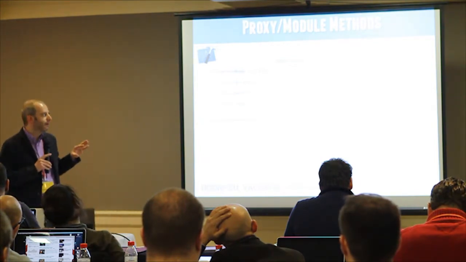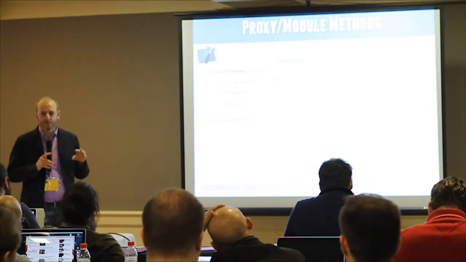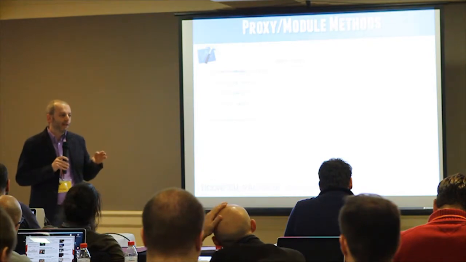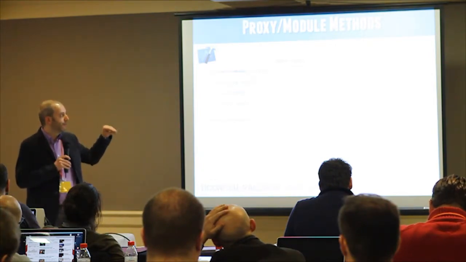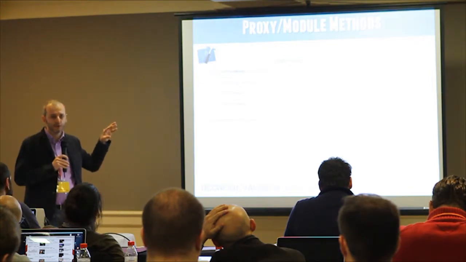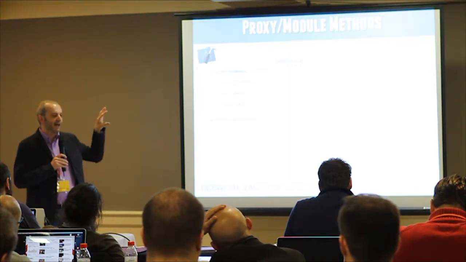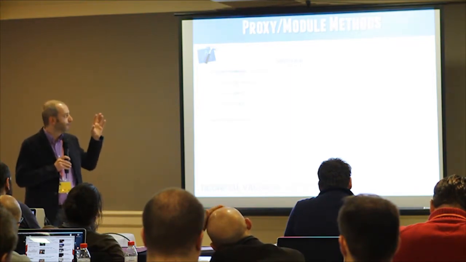So here on iOS, how do we define a method for a module or a proxy? Basically, we define something like this. We define it as a common Objective-C method for a class with this kind of prototype.